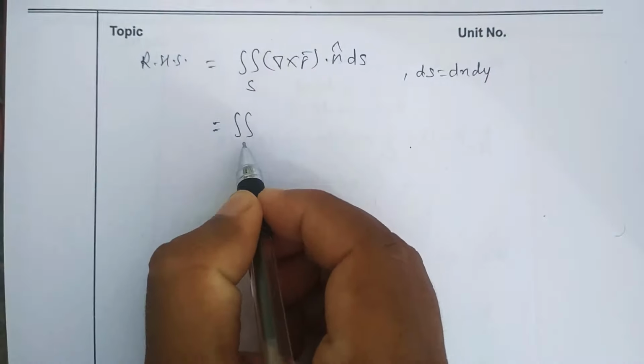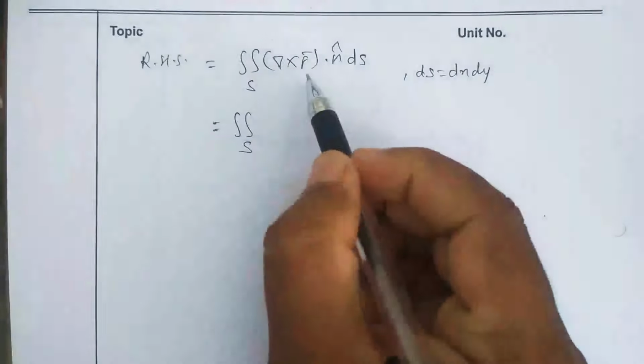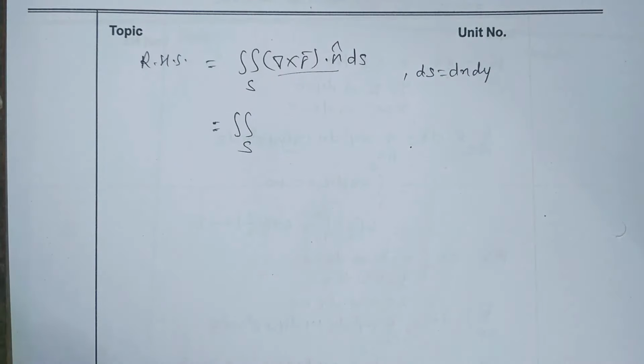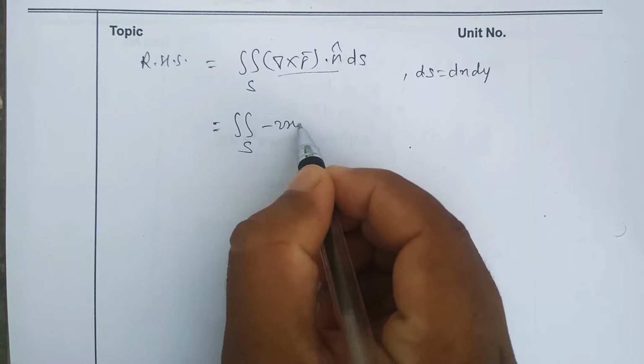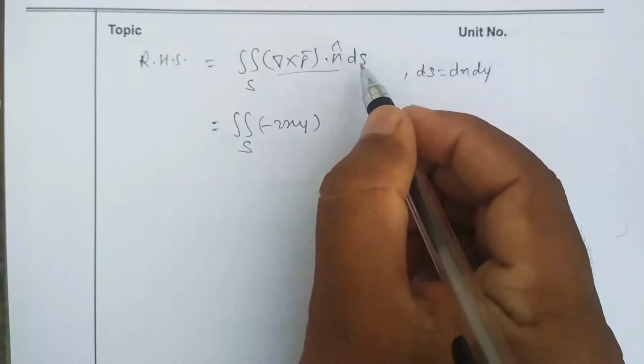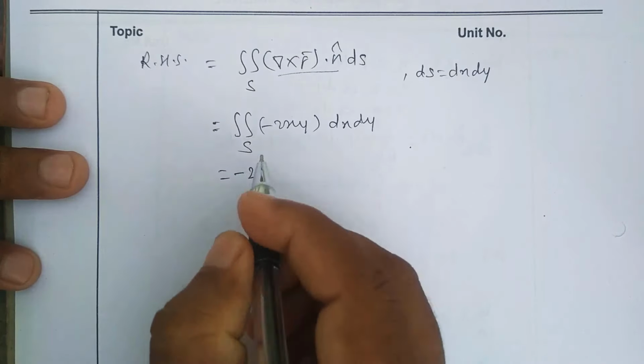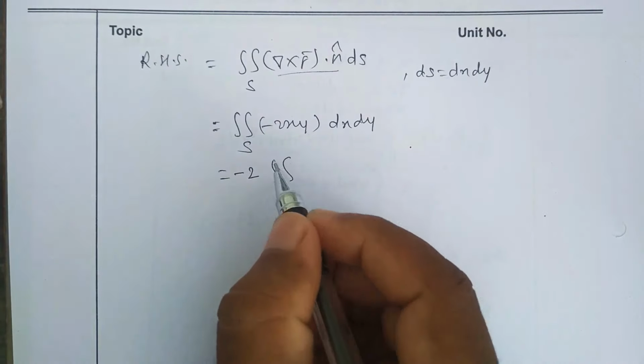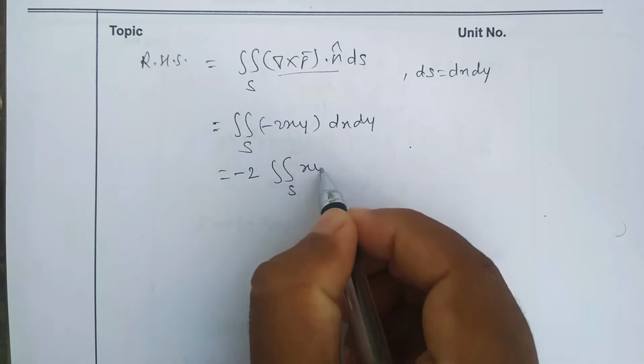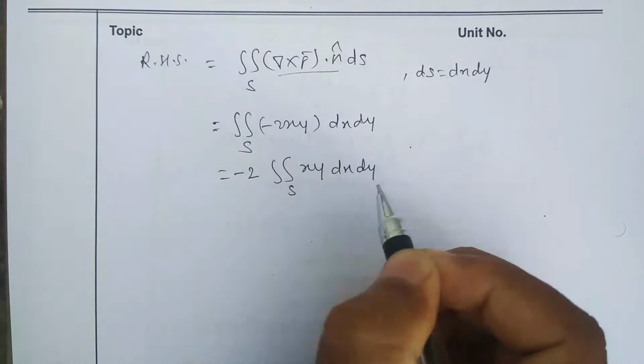So when you put all these values, the double integration over S of del cross F bar dot n cap, this value is minus 2xy, and dS is dx into dy. We can take minus 2 outside because it is a constant term. The double integration over the surface S of x into y dx dy.